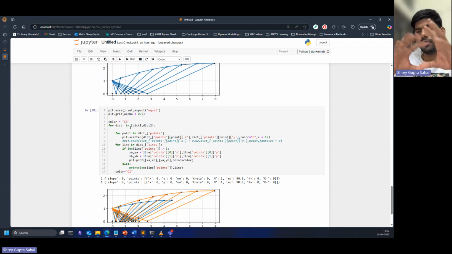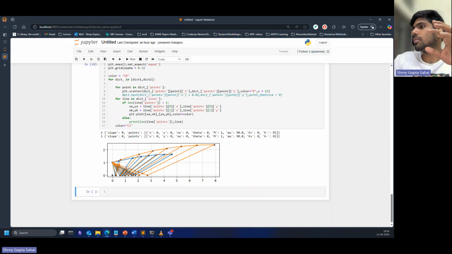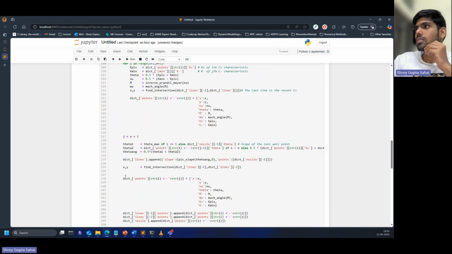And because of the higher expansion requirement, it will be longer. It will be longer. Interesting, right? You can start plotting these things. And that is how you can solve this. Okay.